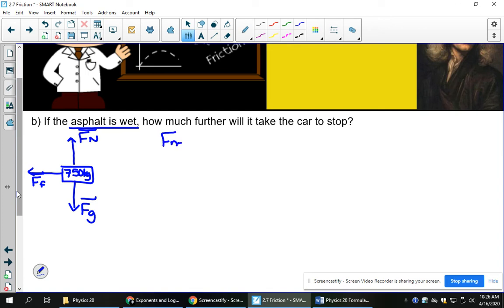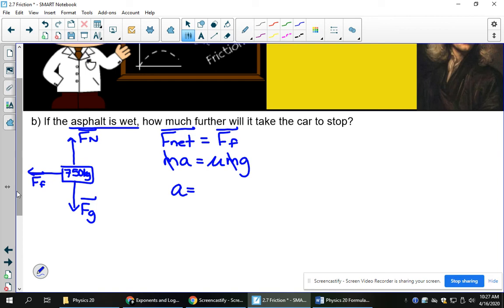So in my net, meaning all my forces equation, I put force friction only. Net force, according to Newton's second law, is mass times acceleration. Force friction is mu mg. The masses cancel out, so you actually didn't need to know the mass of the car here. And we'll solve for acceleration by subbing in the coefficient of kinetic friction for rubber on wet asphalt and acceleration due to gravity.